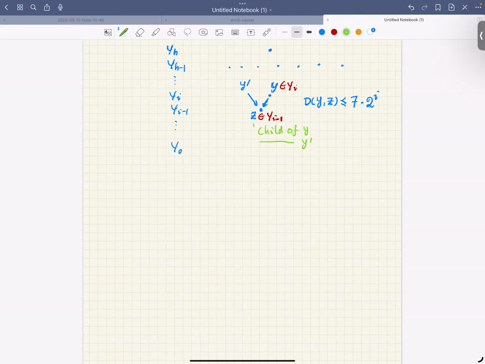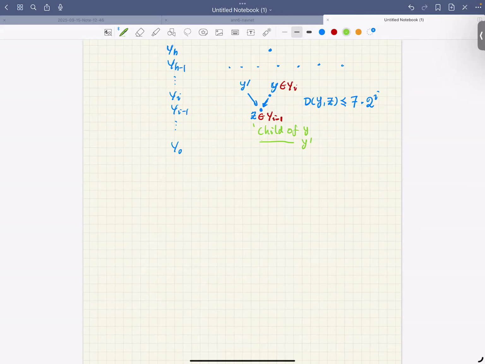So basically, it's the number of edges that matters. Next, I'm going to show you that every point has only a constant number of children. Essentially, every point has only a constant number of edges going to the next level.